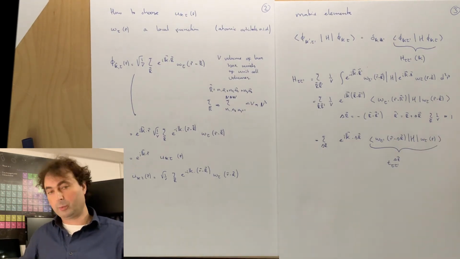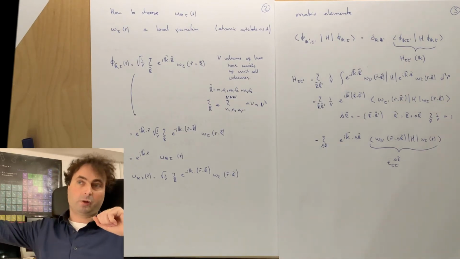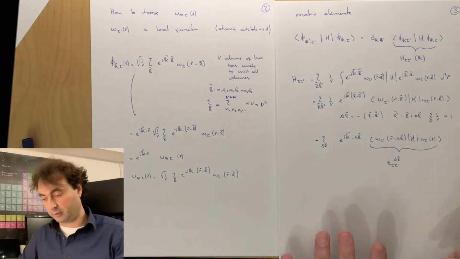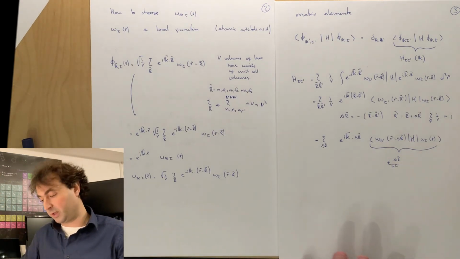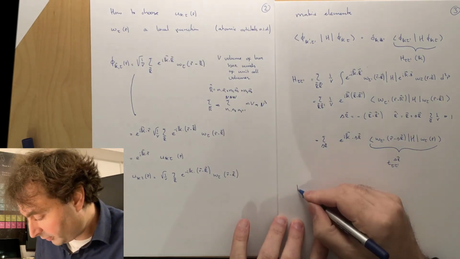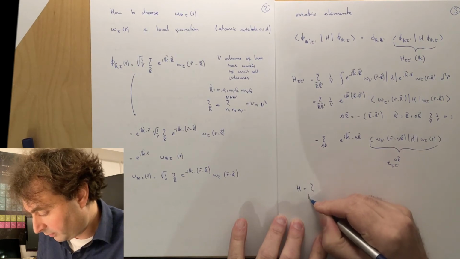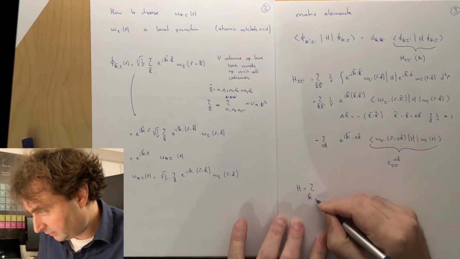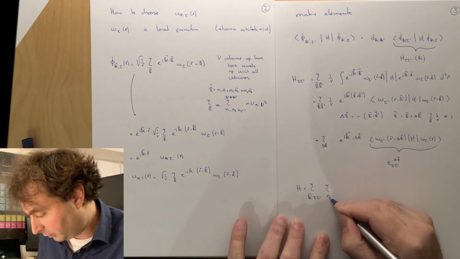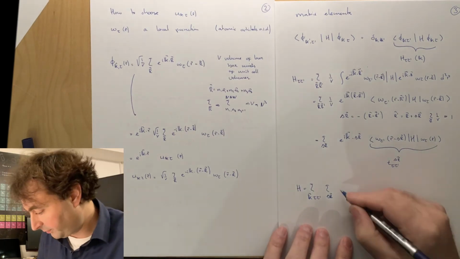So if these are atomic orbitals, an s orbital can hop to an s, or to a p, or to a d, or to an f, to all different kinds of possible local orbitals that we have in our system. The Hamiltonian in this form now becomes a sum over all wave vectors, tau tau prime, a sum over all possible hopping distances that we have.